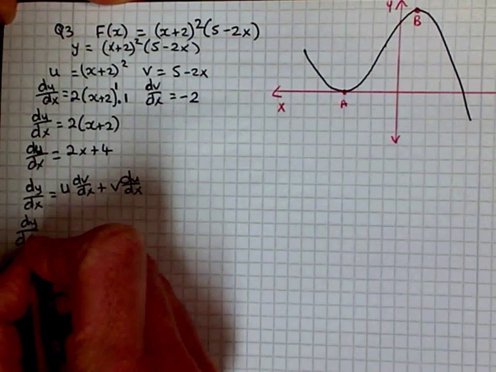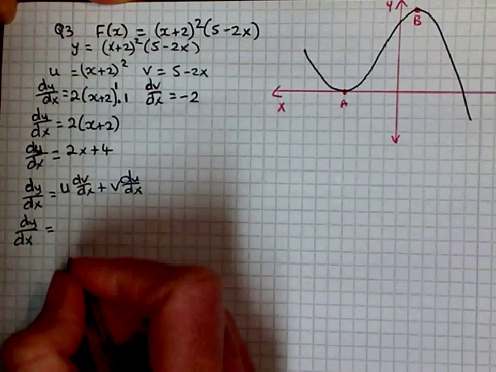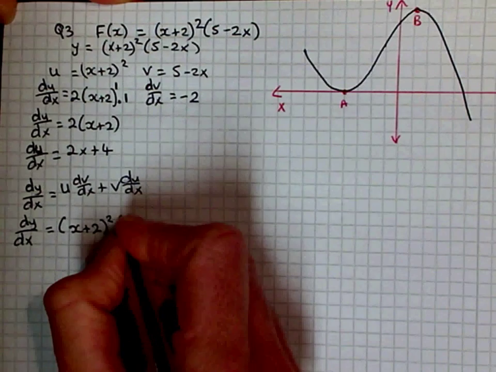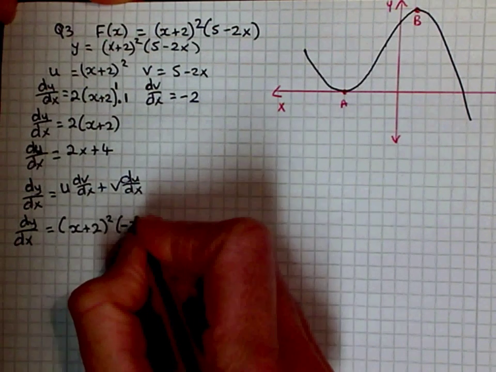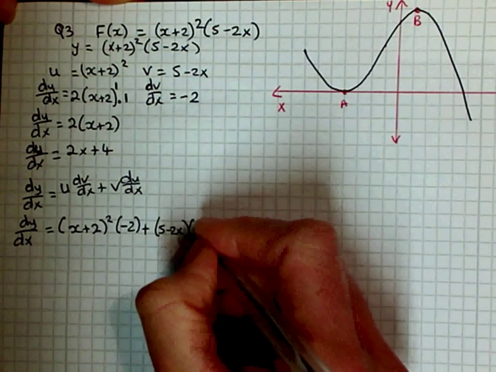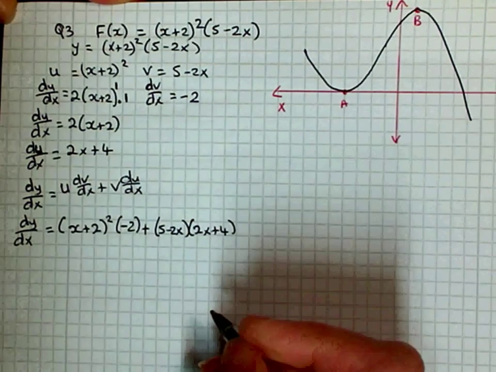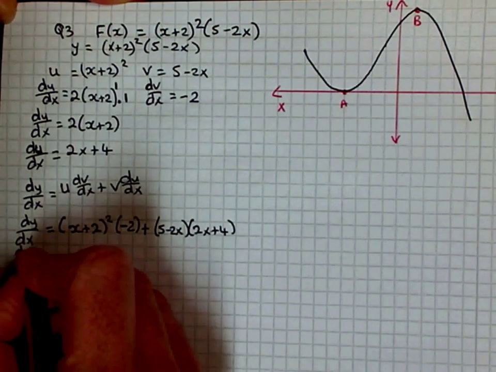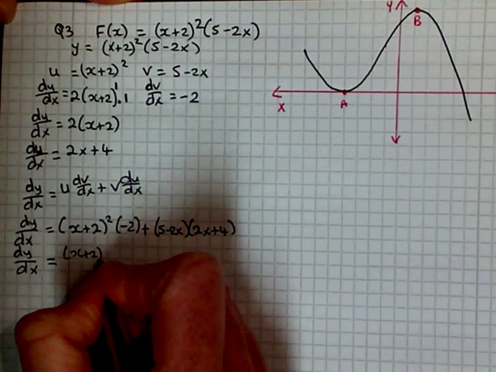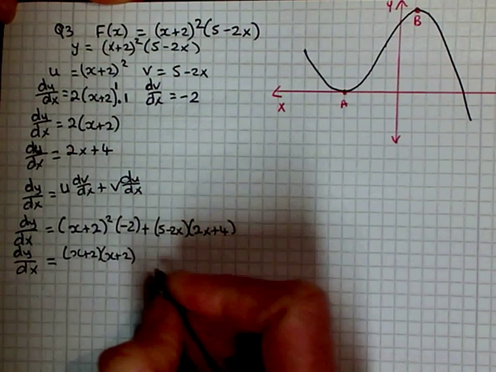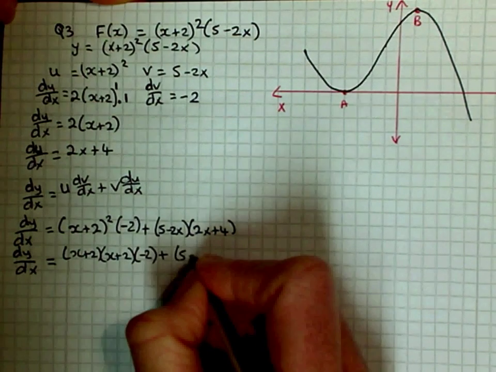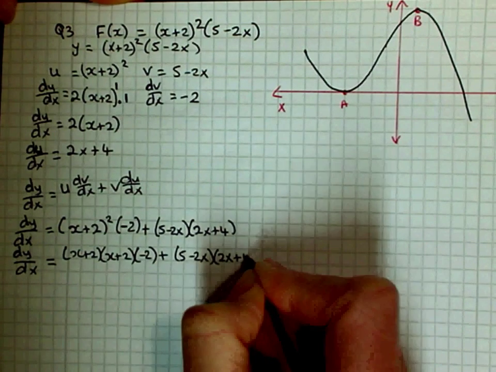So dy dx is equal to u, which is (x + 2) all squared, by dv dx, which is minus 2, plus v, which is 5 minus 2x, by du dx, which is 2x plus 4. Okay, so dy dx is equal to (x + 2) by (x + 2) multiplied by the minus 2, plus we have (5 - 2x) by (2x + 4), and to multiply that out.